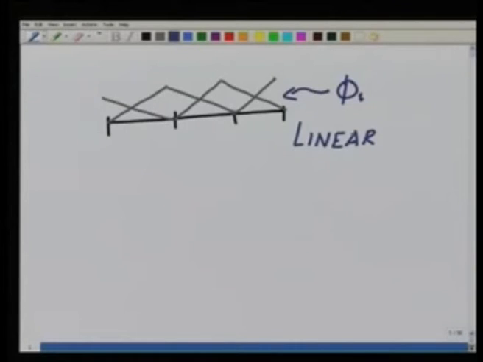Obviously the question is: can we do more than taking such linear approximations?